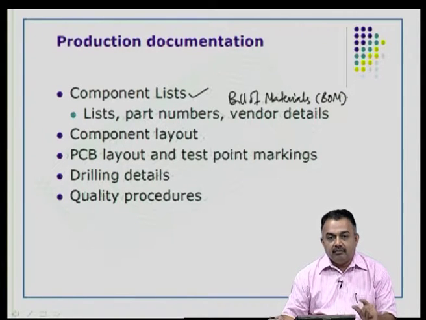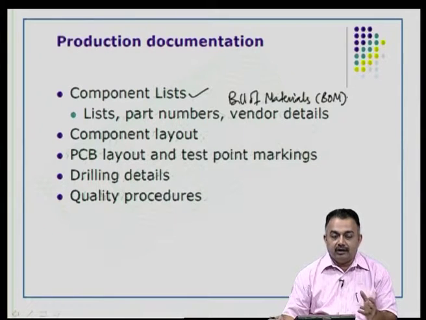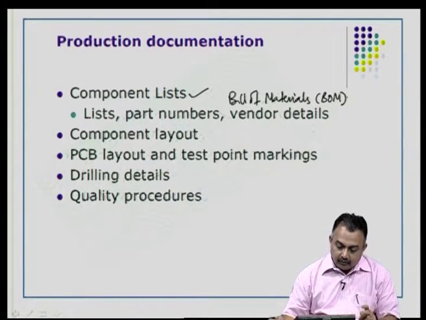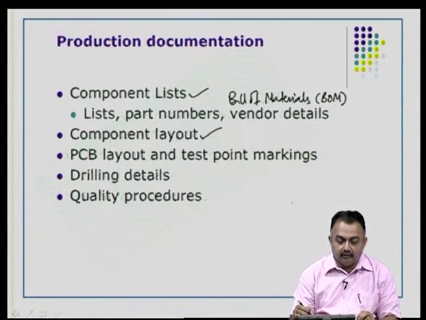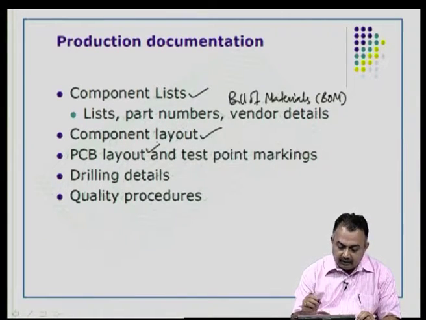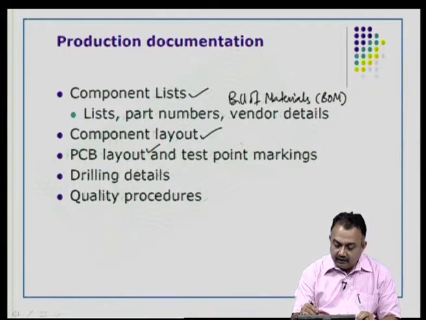In industry, BOM, bill of materials, is very essential to determine the cost of manufacturing. Component layout printouts can be taken, PCB layout printout documents can be generated. Test points. So, I was talking about bare board testing.